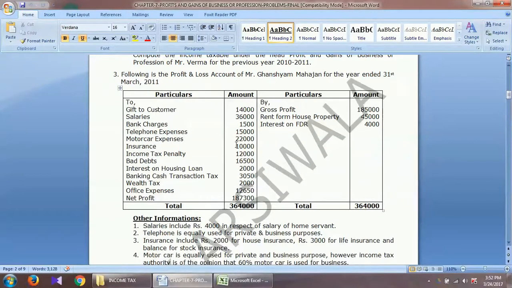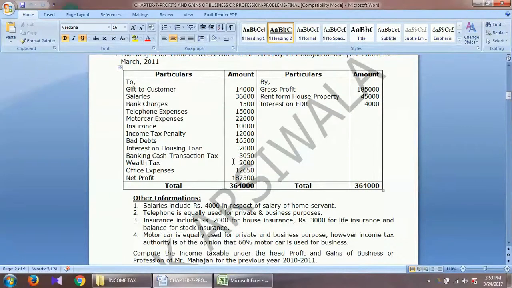Salaries include rupees 4,000 in respect of salary to the home servant. Telephone is equally used for private and business purposes. Insurance includes 2,000 for house insurance, 3,000 for life insurance, and balance for stock insurance.